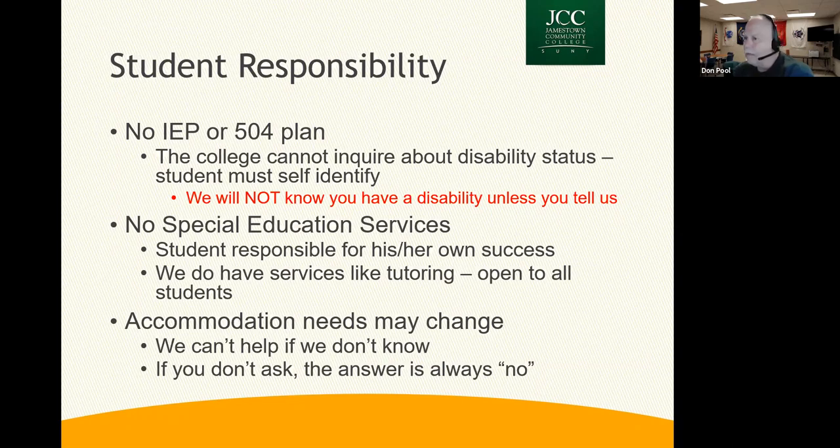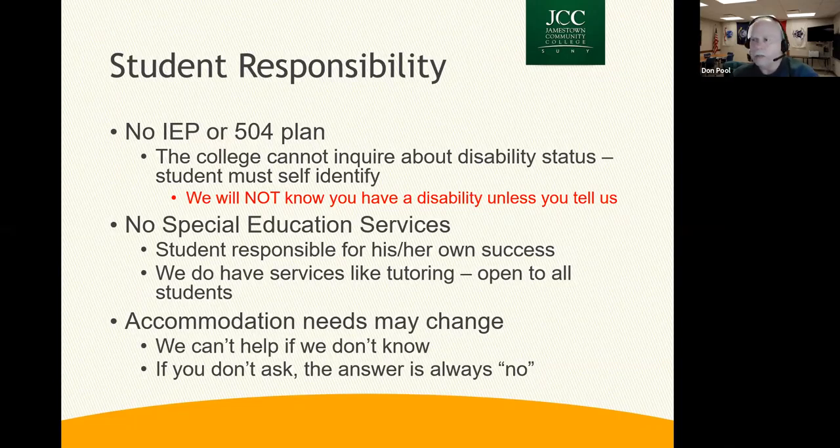So it's open to everybody, and we can't drag you by the ear down to the resource room or down to the learning center to get tutoring, but when you come down on your own, you can certainly get as much tutoring as you need, and you've already paid for it in your student bill, so there's no additional cost.